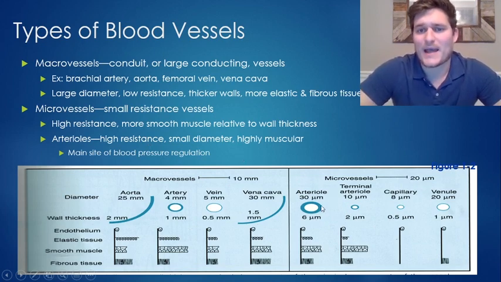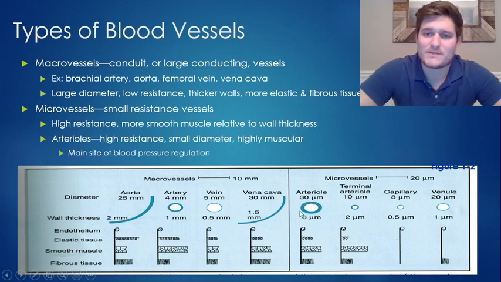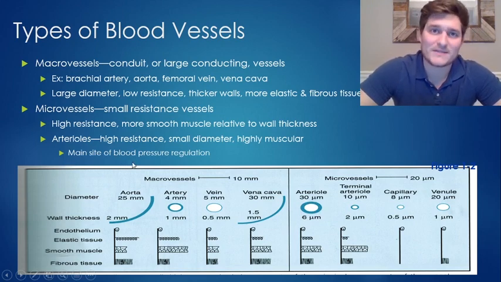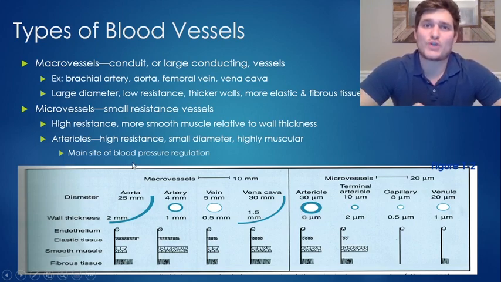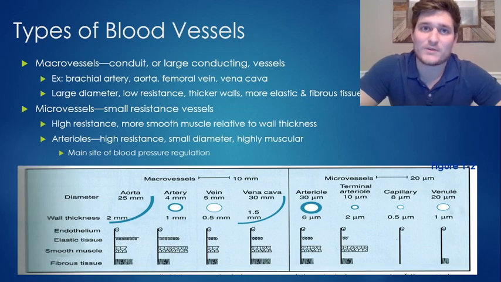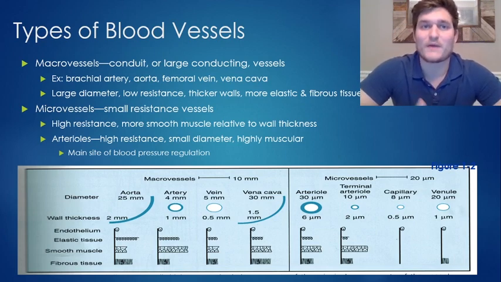They have a large amount of smooth muscle which surrounds the lumen. And that's why these are the main vessels when it comes to changing blood pressure and changing resistance. These are the vessels that contribute the most, and that's why arterioles are otherwise known as resistance vessels.